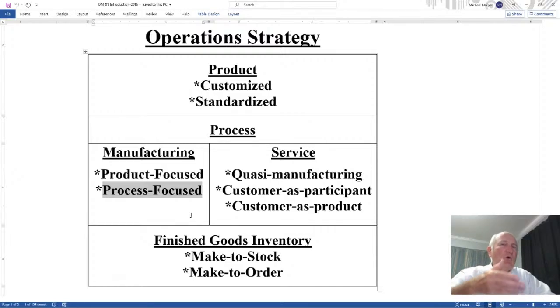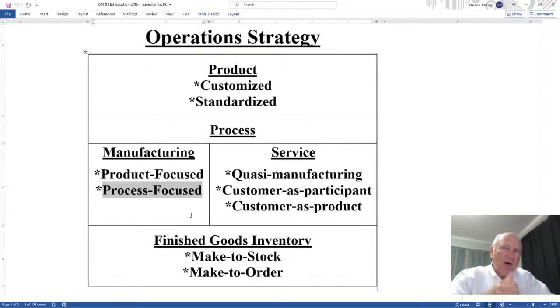And so usually quality has to do with process focus because you have the best people doing that process. On an assembly line, you'll have people spread out, but you'll have in a job shop, in a process focus, then that job shop is doing that process as best as it can.